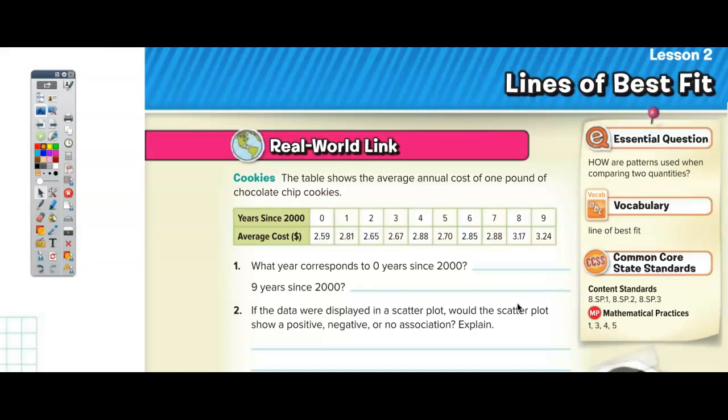You're talking about cookies, I think. And year 0 represents 2000. So then 1 would be 2001, 2002, 2003, and so on. So you're going to do 1 through 3, take a picture, and submit that picture on the same assignment that you submit page 675.